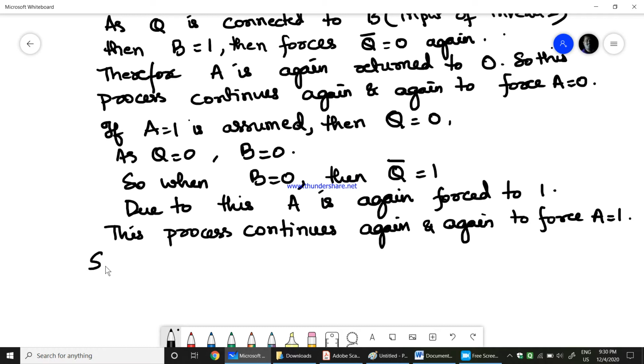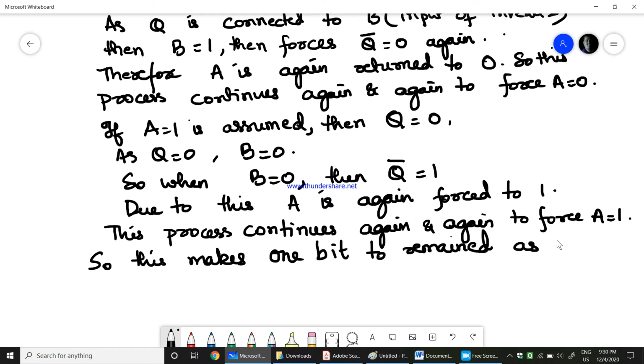So this makes one bit remain as 0 or 1 for a large time.